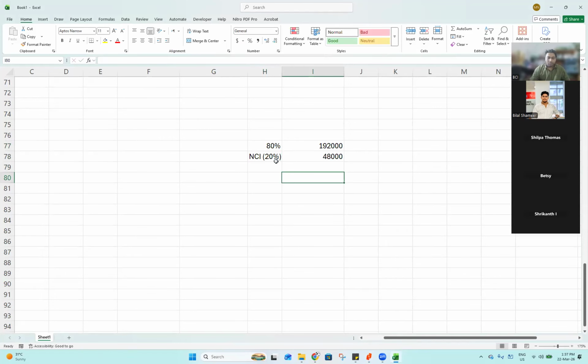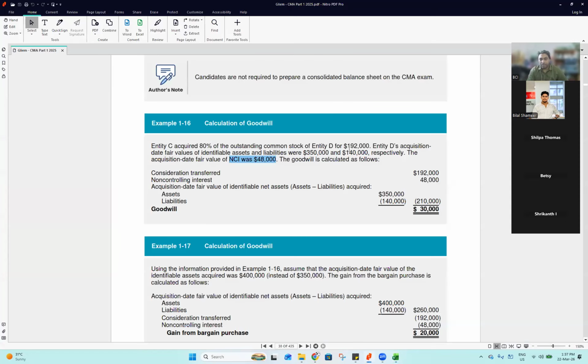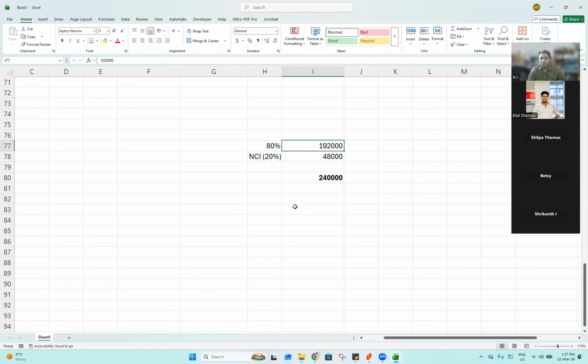So this is actually the value of the company. 192,000 is the value which we are going to pay, and 48,000 is the non-controlling interest part. Clear? Now, the assets which we are going to get.